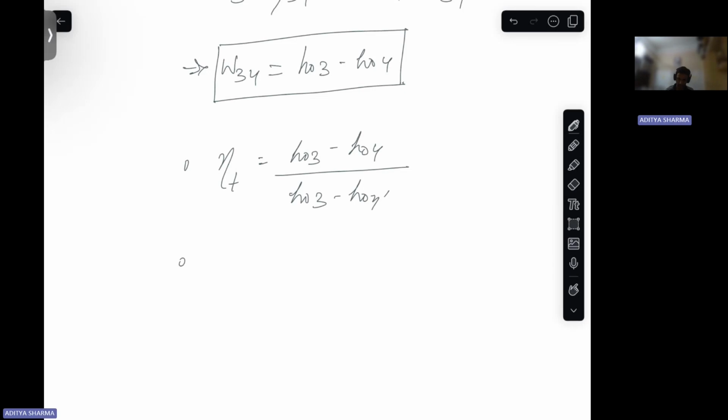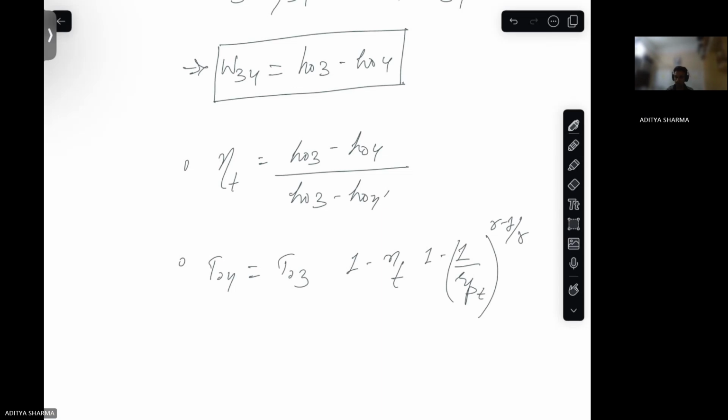So this is there. Then from here T03 we can predict. The formula is this. This can be easily worked out. If you face some issue, you can just comment in the comment box and I can reply there.